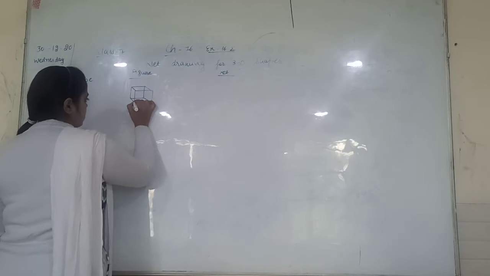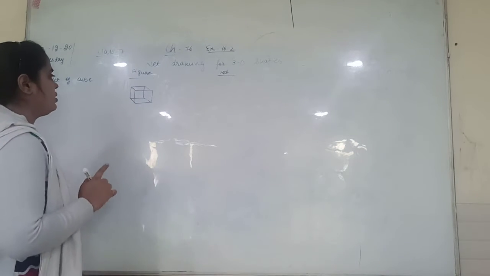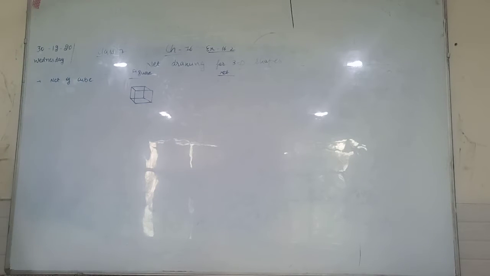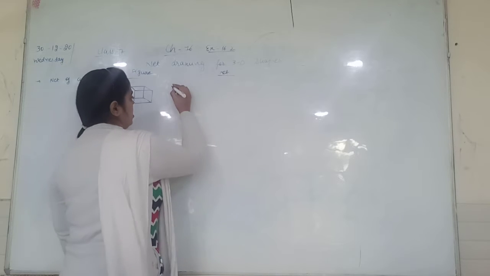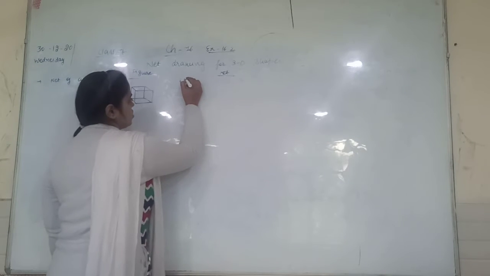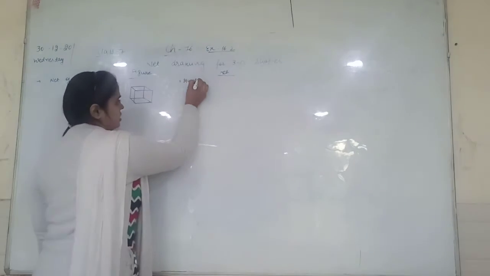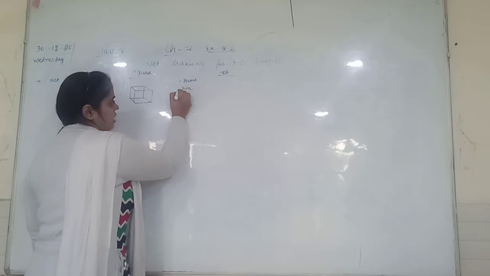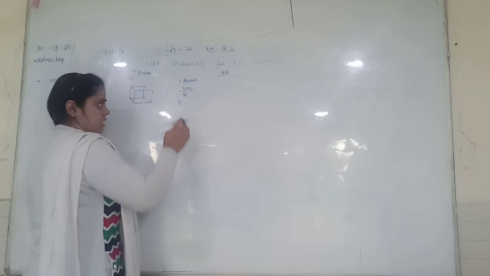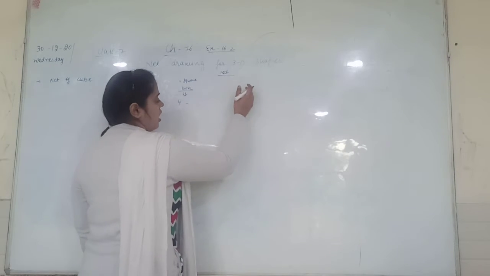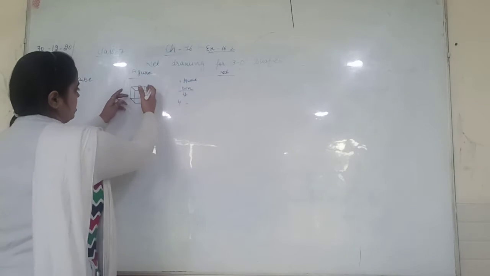Like this one. Now, how to draw its net? As I told you, how many faces are there in a cube? 6 faces we have discussed. So we will draw 6 square boxes. And this pattern you will take 4 in a series and 2 on opposite sides to make this one.